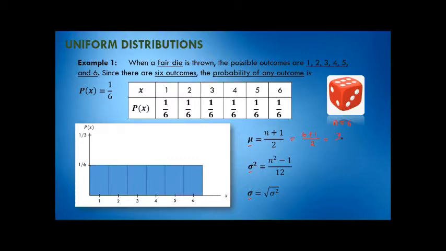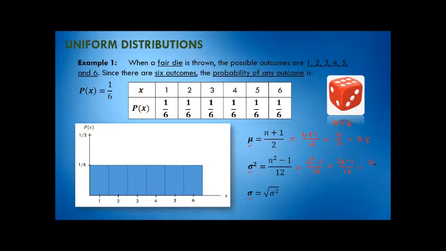That is 7/2, or in decimal, 3.5. So that is the value of the mean. For the variance, we have 6 squared minus 1 all over 12. We have 36 minus 1 all over 12.